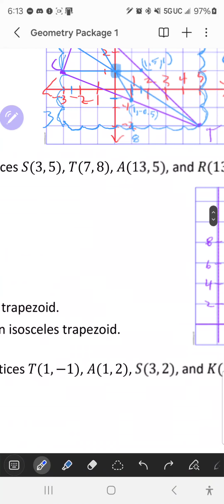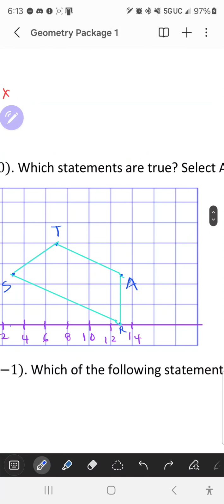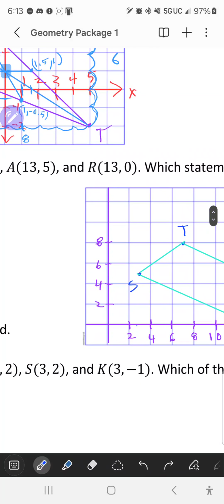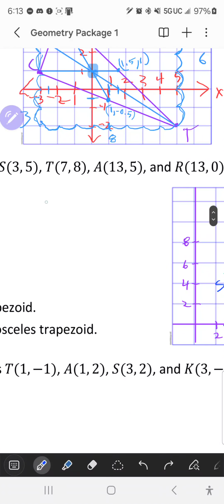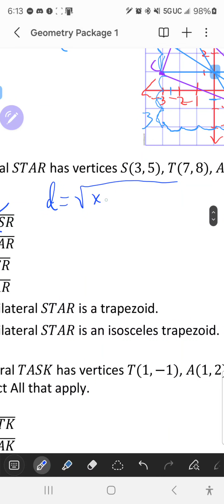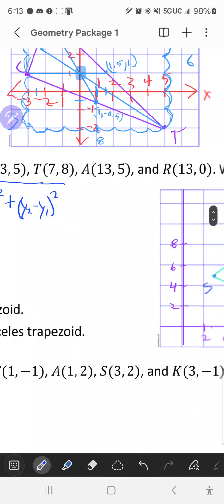Is ST equal to AR? I actually want to calculate this one. I'm going to use the distance formula, which is the square root of (x2 minus x1) squared plus (y2 minus y1) squared.